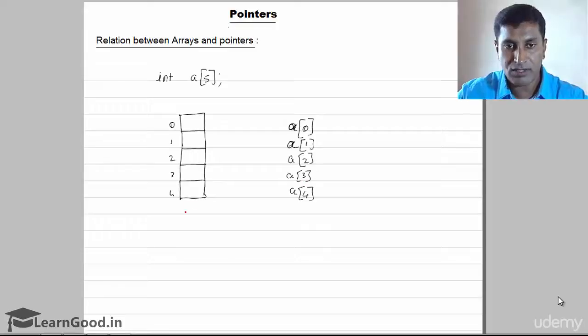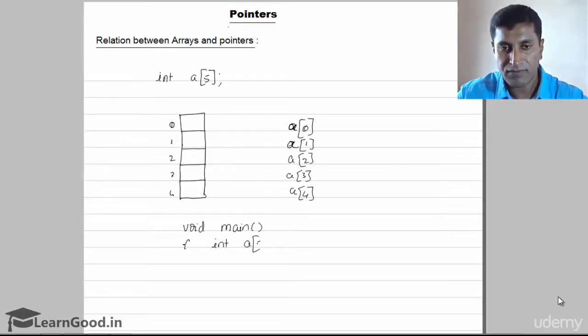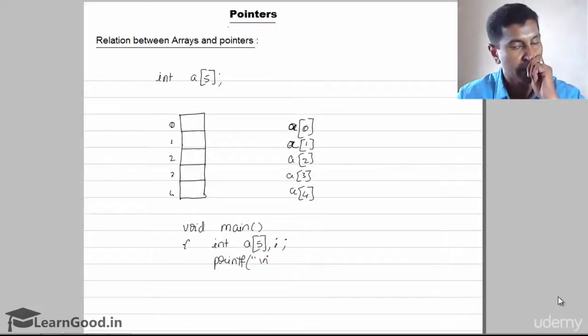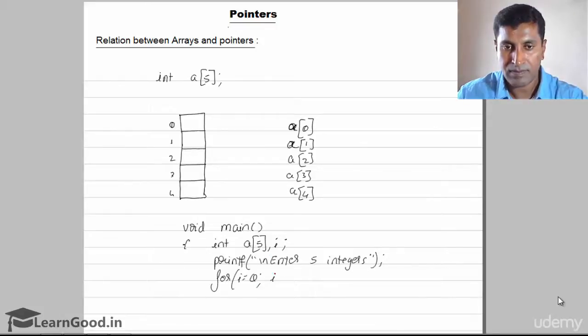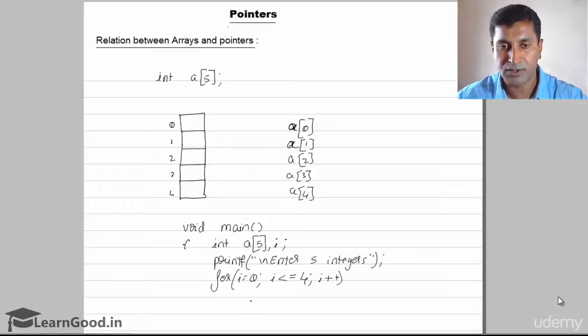If you want to read all these location values, the code we write is: declare an array int a of 5 elements and one variable for generating an index. Enter 5 integers, generate an index number starting from 0 to 4 and give scanf %d, ampersand of a of i.